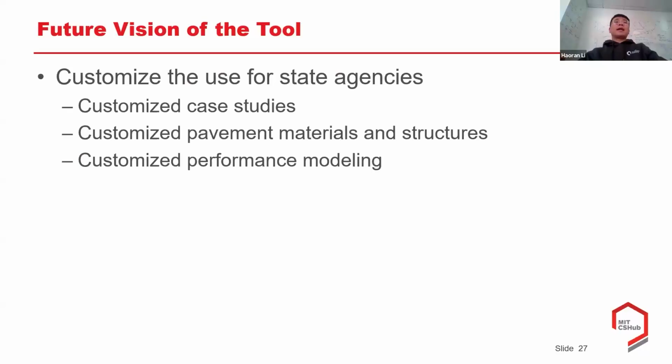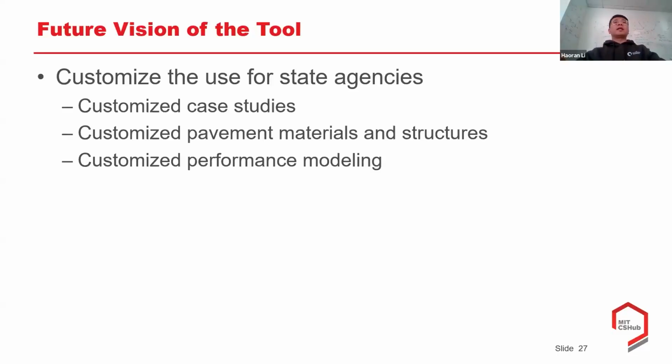So we can actually customize the tool for the state agencies as we just did. We can run customized case studies when we're given the data. And also we can customize the pavement material structures to include, for example, more types of concrete overlay, asphalt overlay, CRCP or RCCP.